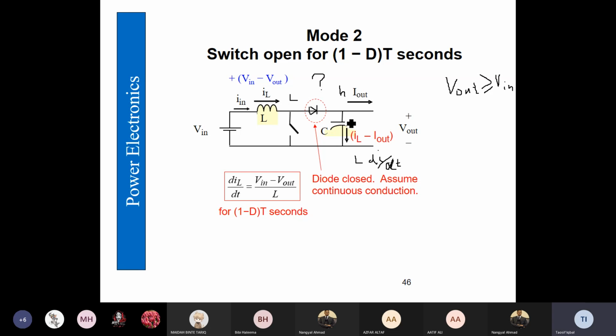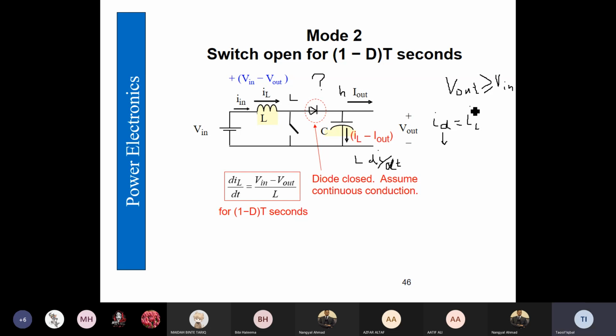So in this case, the inductor current becomes equal to the diode current, and from the diode current we can find the value of I out and IC.